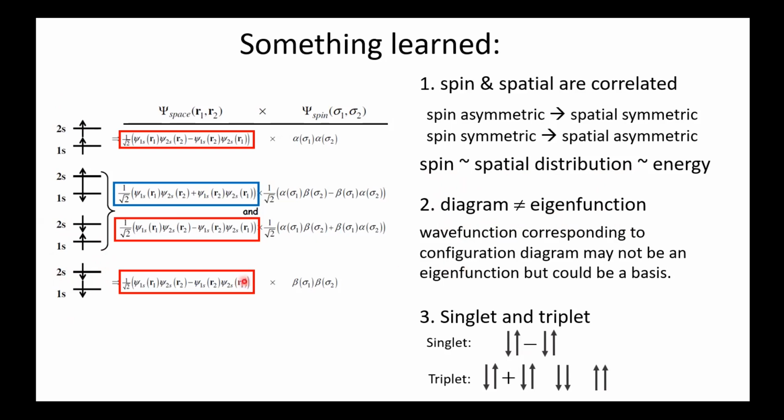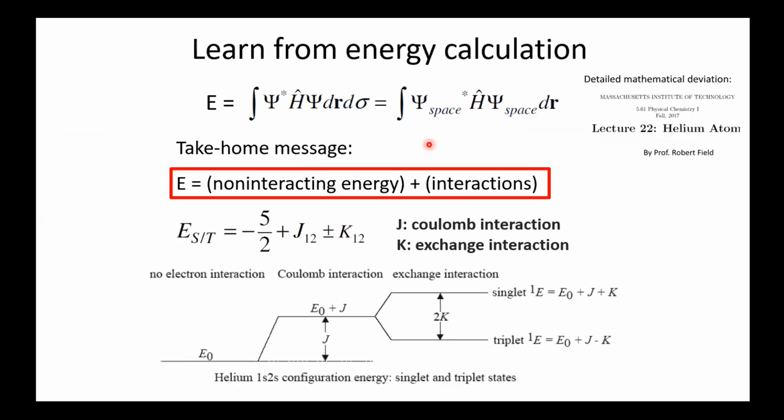In other words, if you want to understand spectroscopy just by drawing these single electron diagrams, in a lot of cases you'll fail. You will not be able to correlate what you draw here to what you observe in the spectrum, because we know the spectrum corresponds to the states, right? So that's the main point I want to convey here.